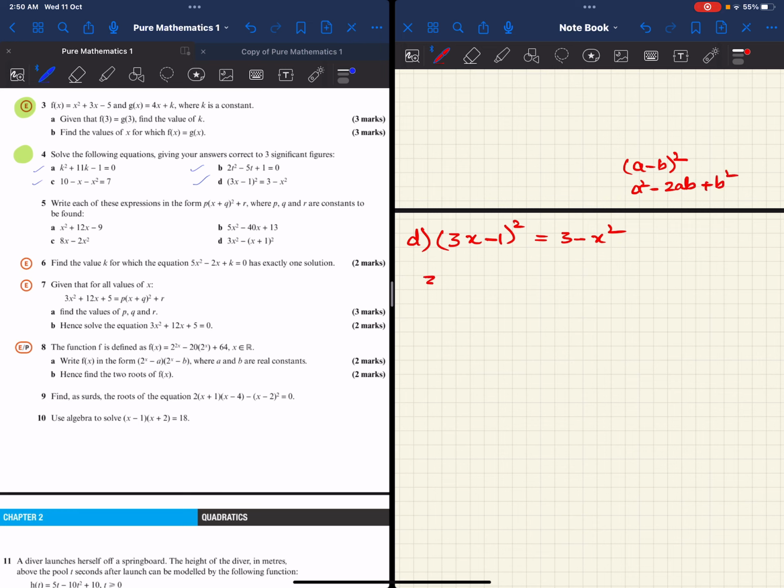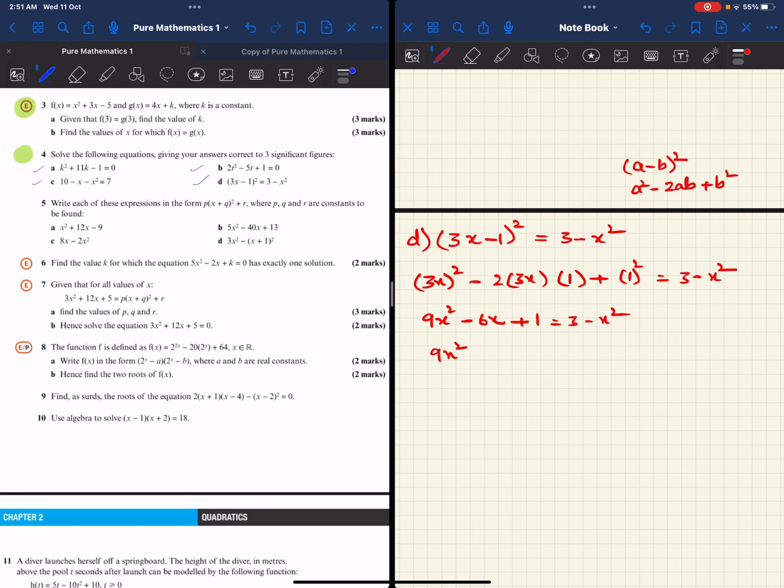So that is a squared minus 2 into a into b plus b squared, and that is equal to 3 minus x squared. 9x squared minus 6x plus 1 is equal to 3 minus x squared.